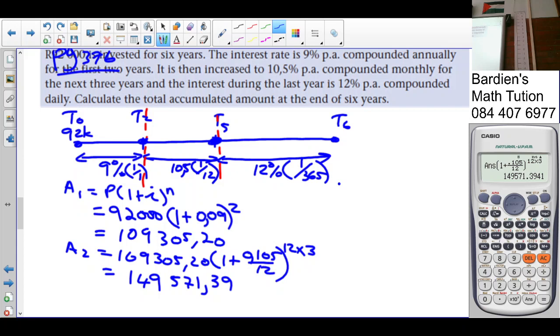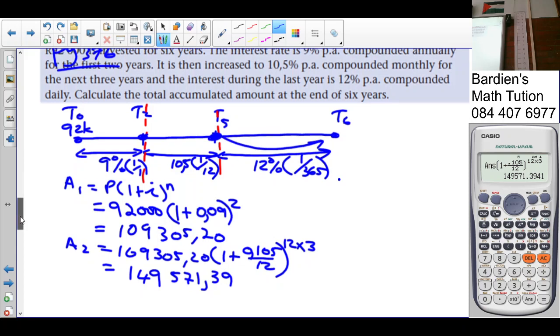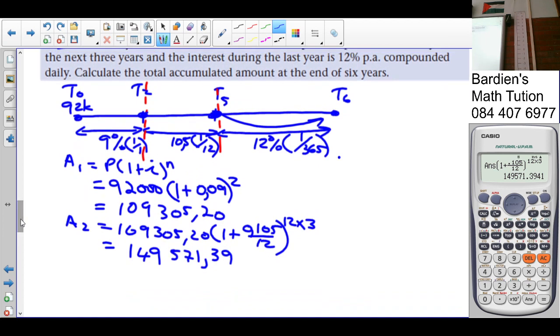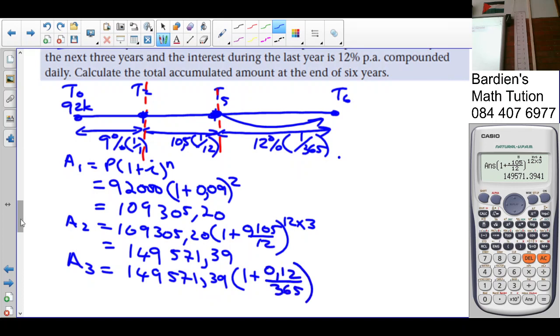Now what? It's going to draw an interest for the remaining year. All okay with that? So A3 is equal to 149,571.39 into 1 plus, what's the interest rate here? 12, so 0.12 over 365 to the exponent 365 times 1.